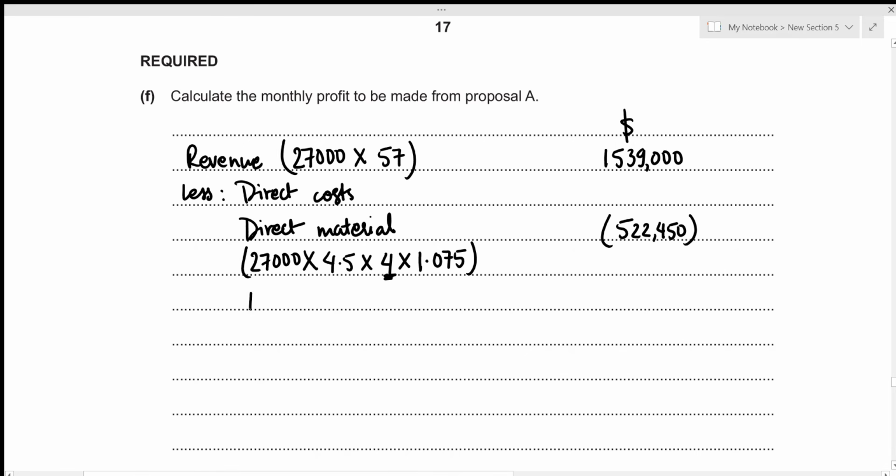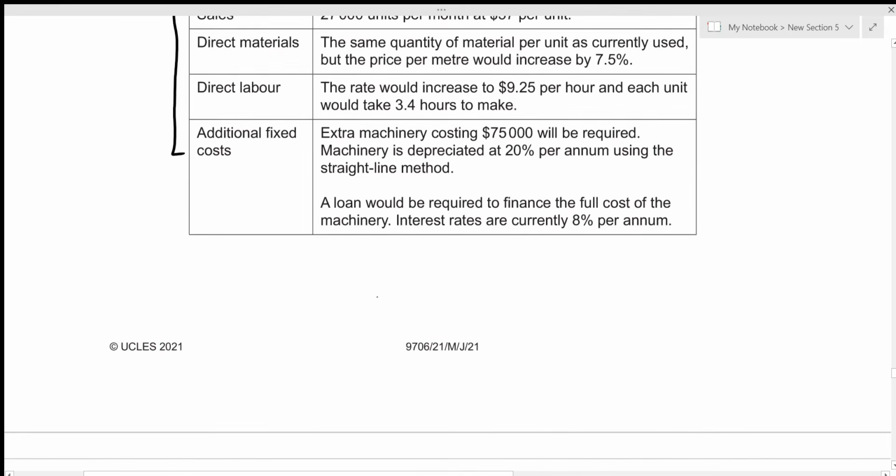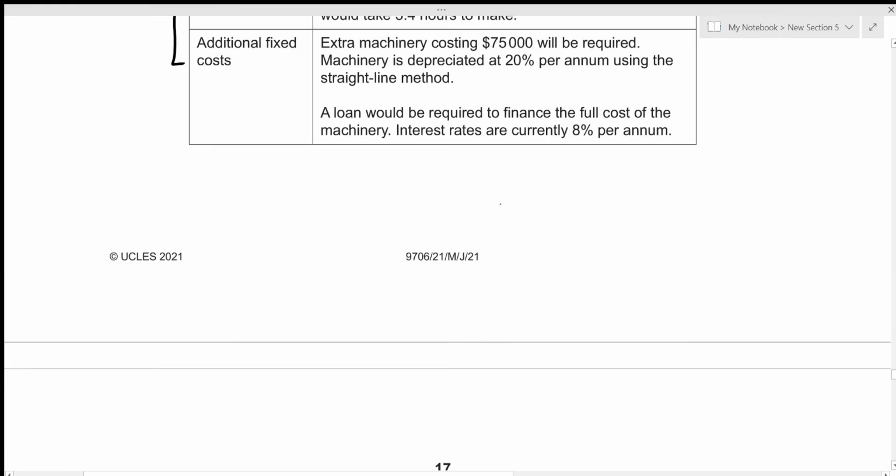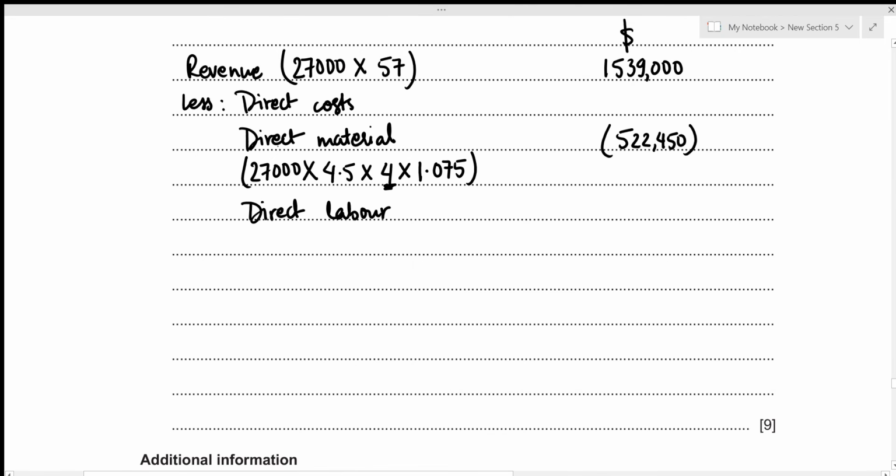Next, we will be considering direct labor. Let's have a look at the given information. The rate would increase to 9.25 per hour, and each unit would take 3.4 hours to make. So this is quite easy compared to the direct materials that we just did. So this is just going to be 27,000 units.